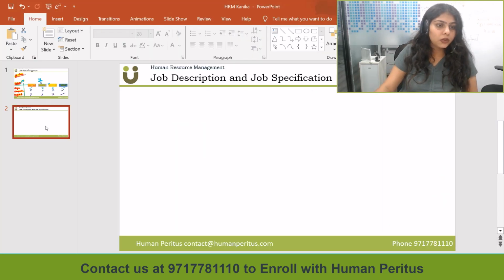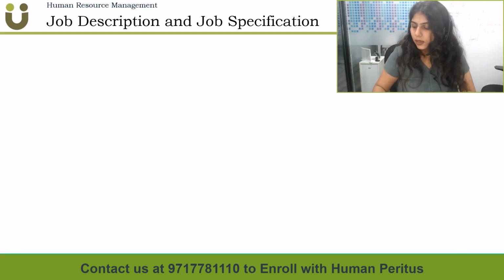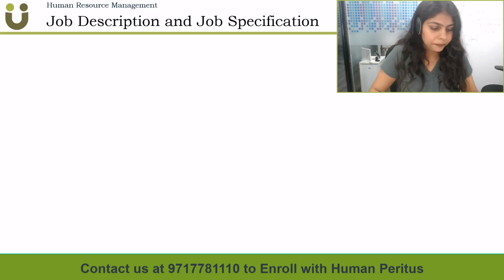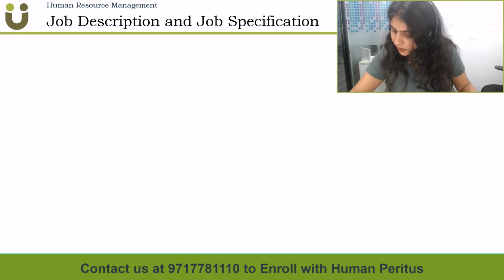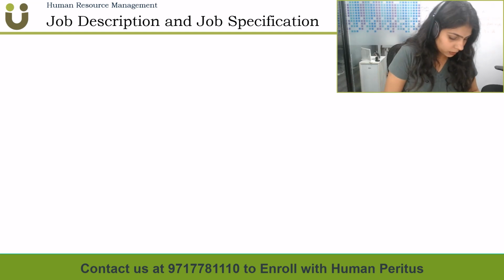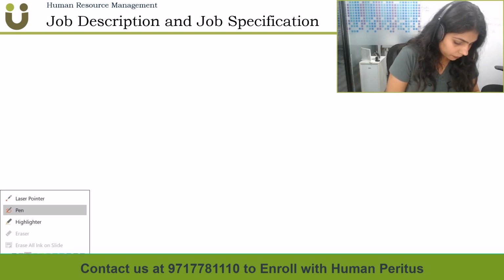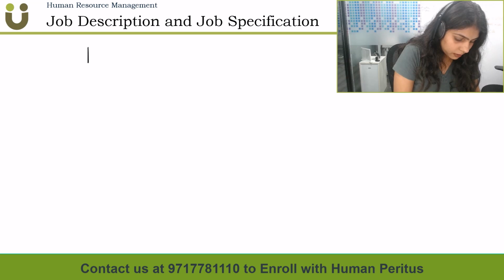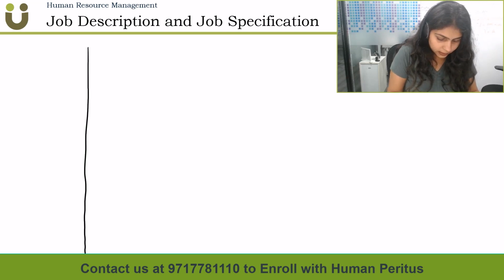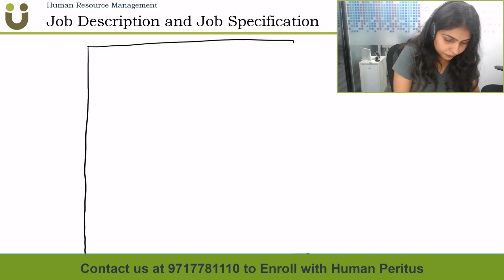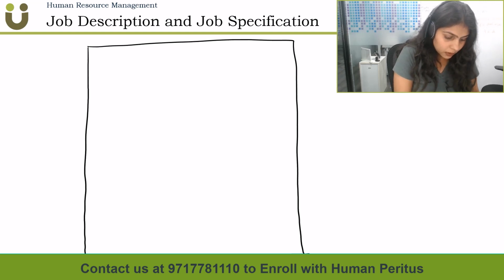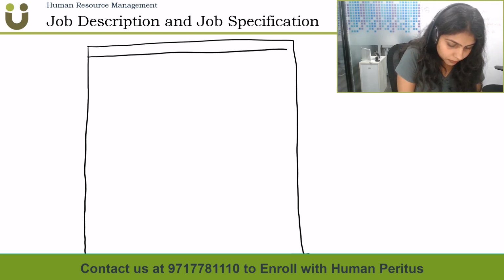We can also understand this a little practically. So let's see what is meant by a job specification and what is a job description. Okay, let's say this right here is a job description.